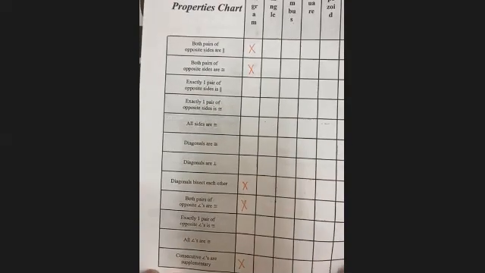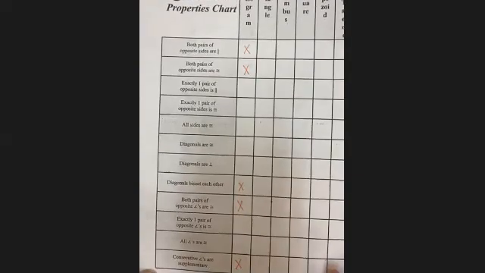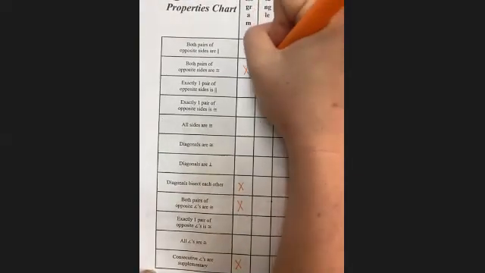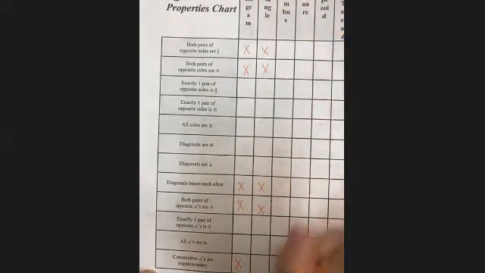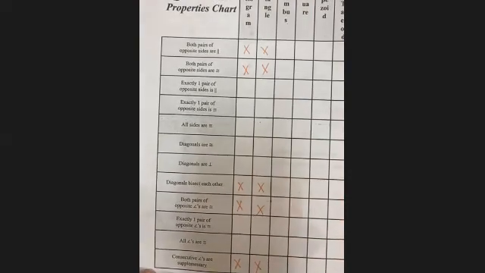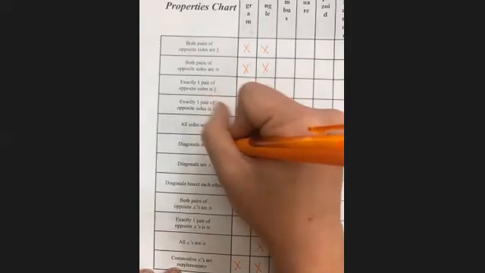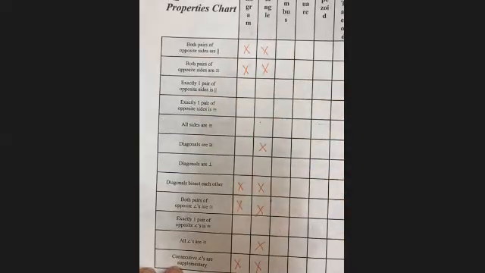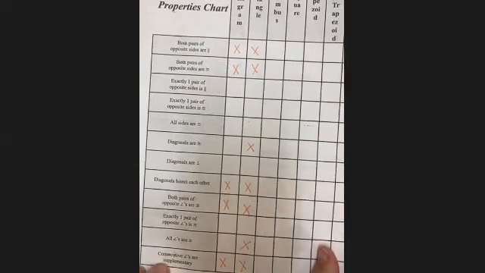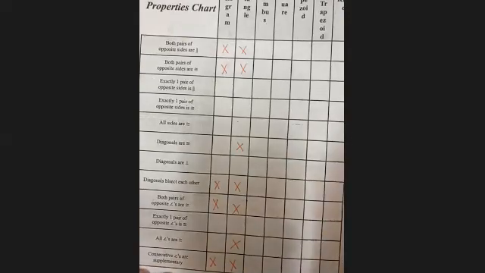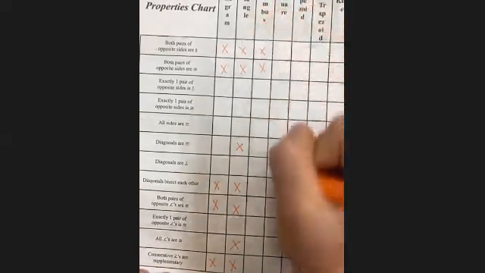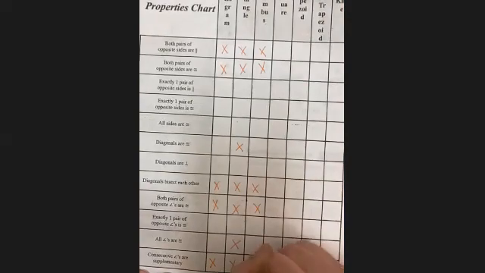Okay, the next one is a rectangle, and a rectangle is everything that a parallelogram is. What's special about a rectangle is that all 4 angles are congruent, so I can add that one, and the diagonals of a rectangle are congruent, so I can add in this one. A rhombus is also a parallelogram, so anything that had parallelogram, I can mark it.